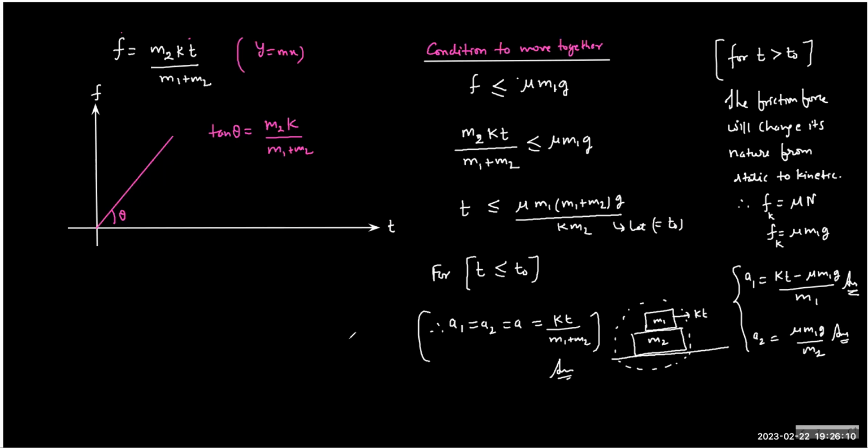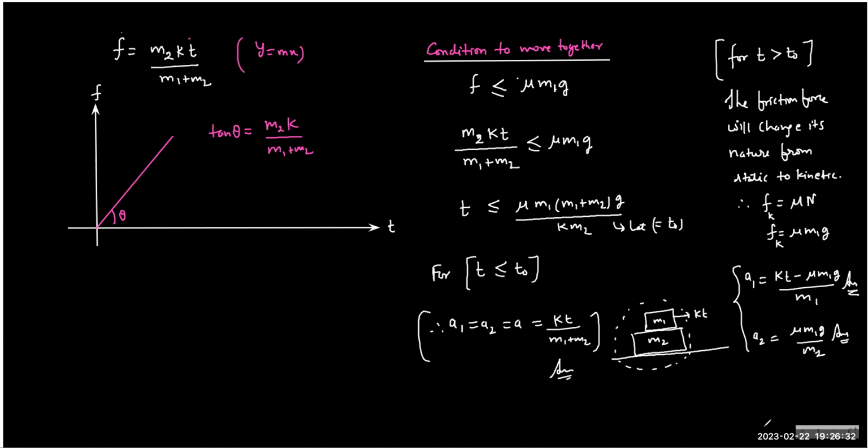Because m2 will only receive the Fk value of force when it is slipping. But A1 will keep on accelerating faster and faster because kT will keep on growing, but the friction force is constant. So there is a constant force acting.